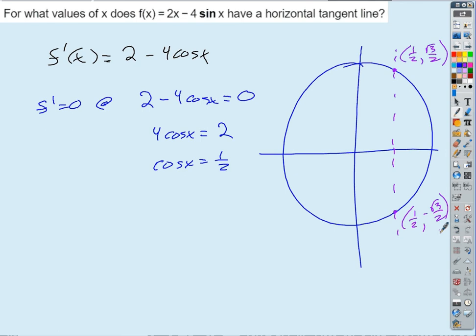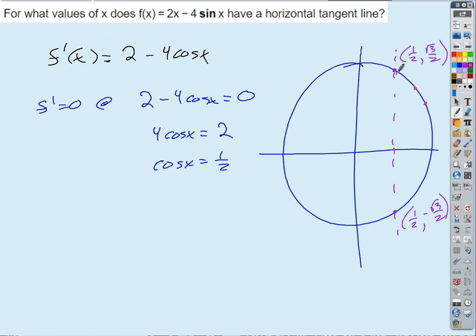What we care about are the angles, right? So what is this angle here? I know we don't use it every day, so it kind of goes away a little bit, but that's the pi/3 angle, isn't it? If you think about all the important angles in quadrant 1, there's the pi/6, pi/4, and pi/3, and that's going to be the biggest one.